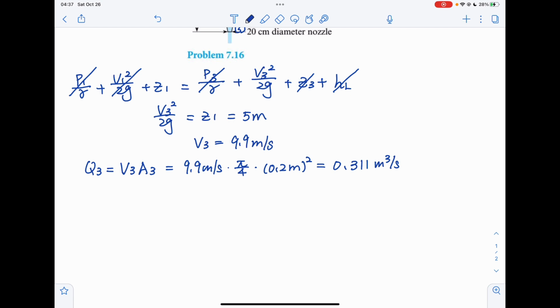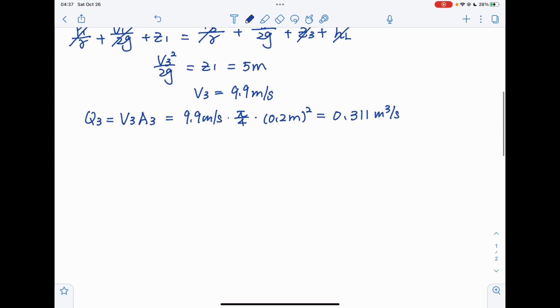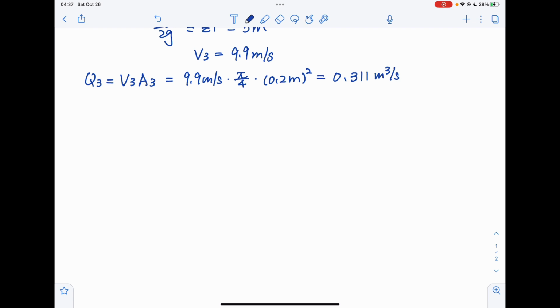Now we can use this discharge to find the velocity at point B. Q2 equals Q3, and Q2 is V2 times A2.